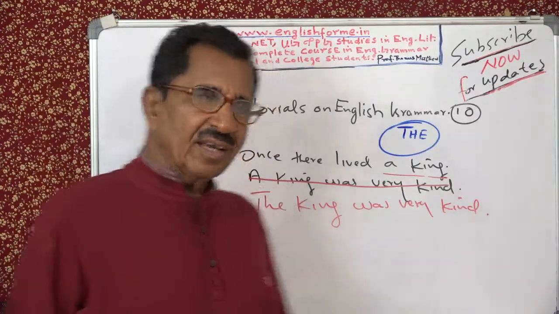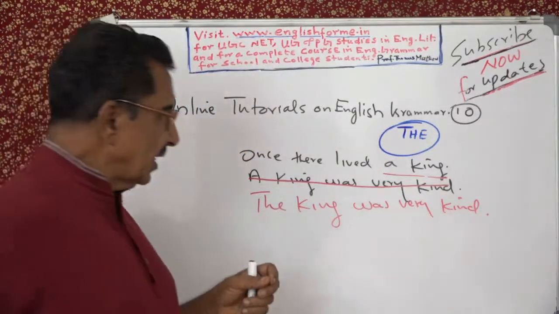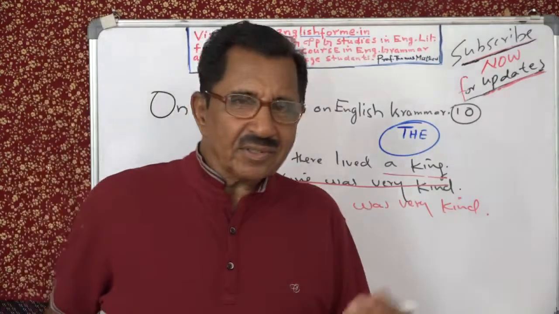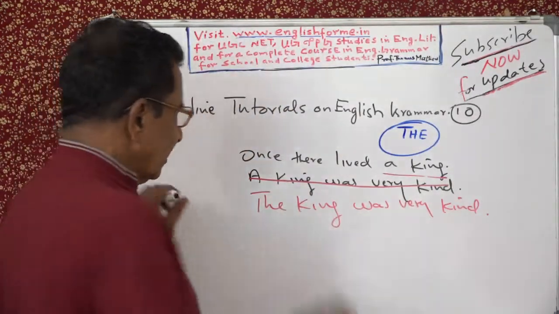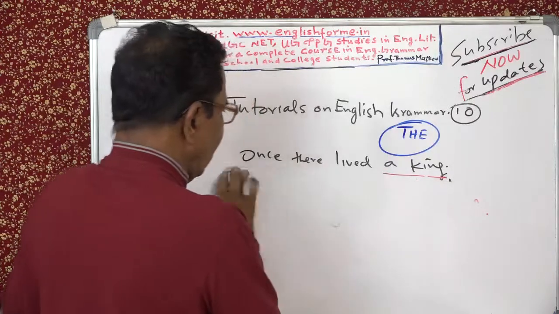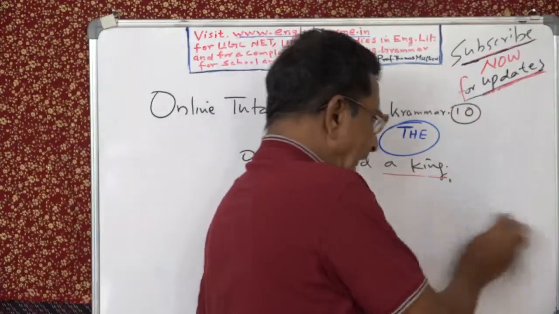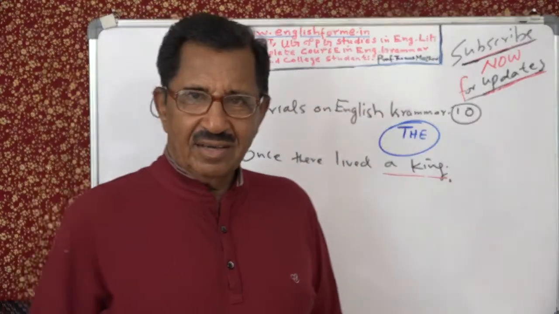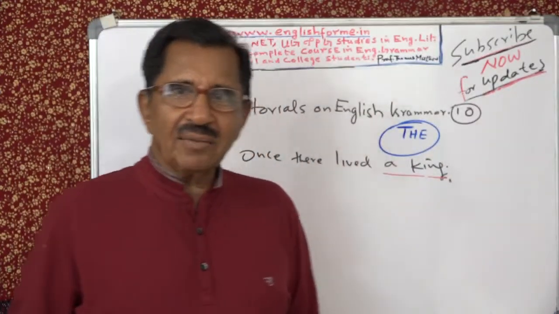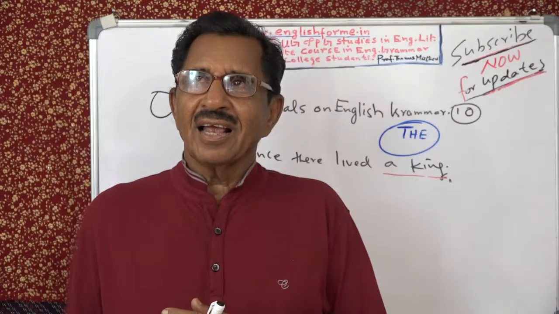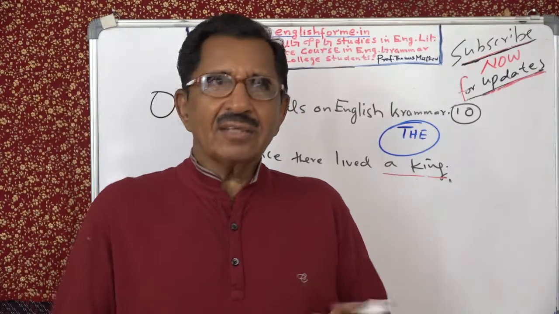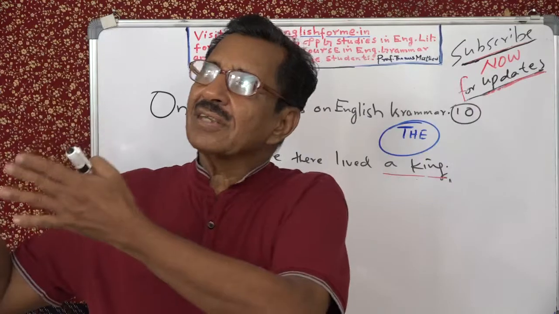For example, I said like this. Now you can generate many sentences. Generate means make based on this. See, you can say like this. I saw a bird. Then you continue like this: A bird was singing. I saw a bird. A bird was singing.